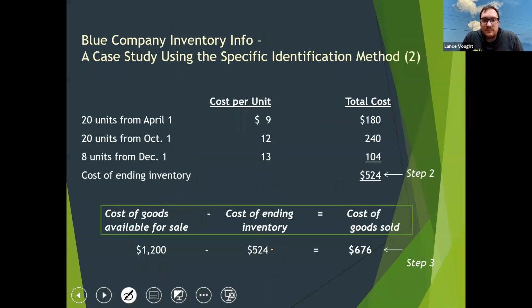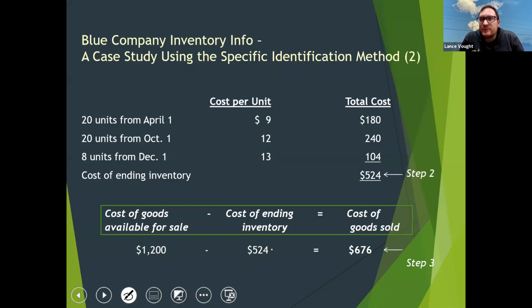So if we happen to know which units haven't been sold yet, in which case, if it's something that presumably has an expiration date, you're probably going to use the first in, first out method.